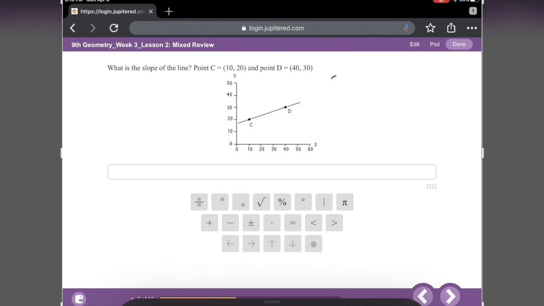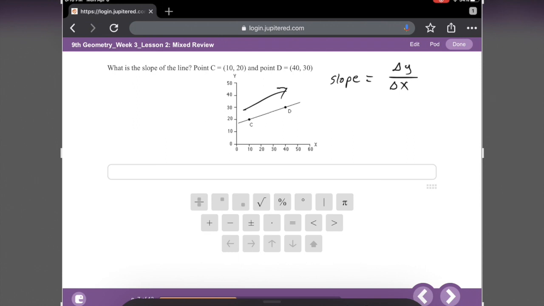So let's see, slope again is going to be equal to delta y over delta x. Also, I'm expecting a positive value for slope because you can see it's going upwards to the right, so that's positive slope. If we were going upwards to the left, it would be negative slope. All right, let's just do that slope formula again.